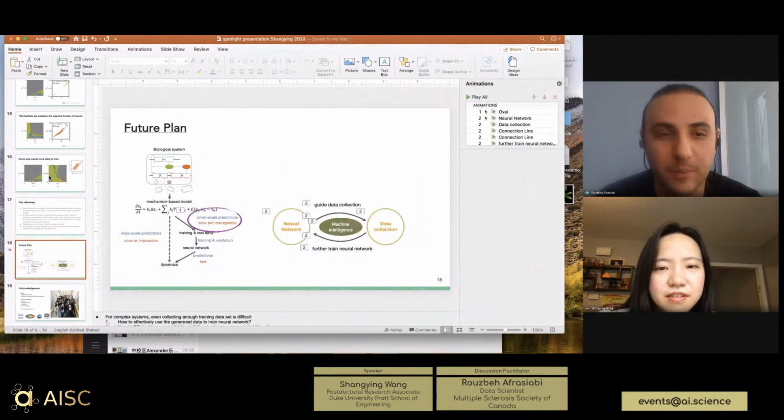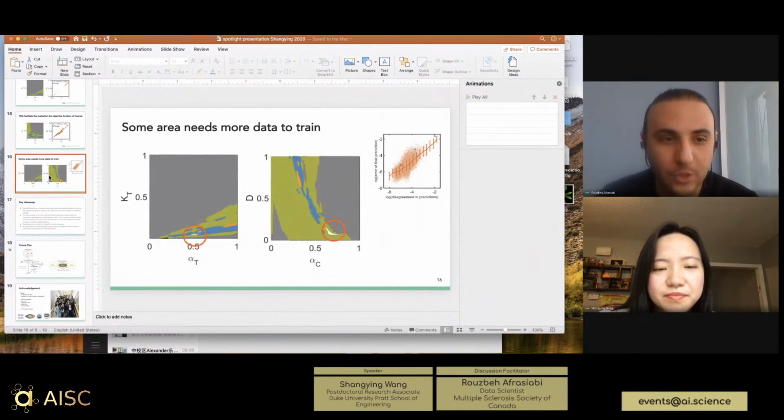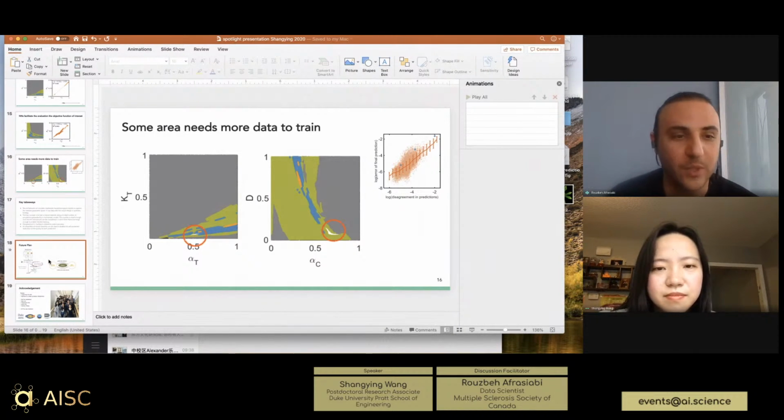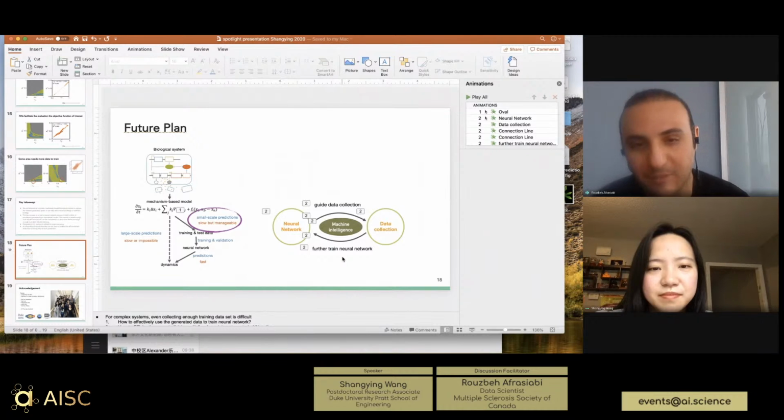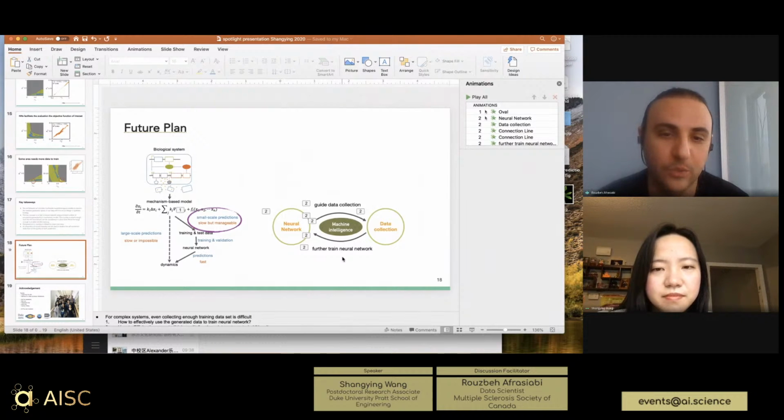For your future plan, you mentioned that you're going to provide feedback. If you go to slide number 18, I think their question is this. What you're describing is providing feedback from data collection to your neural network. They're asking how are you going to introduce this process?